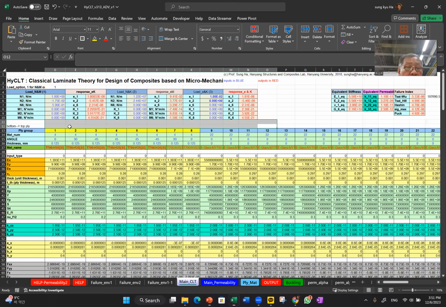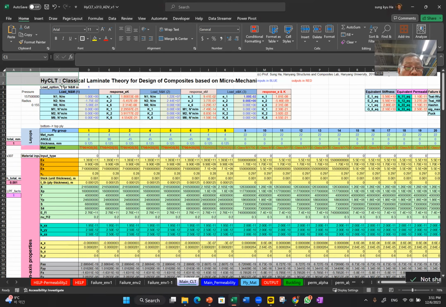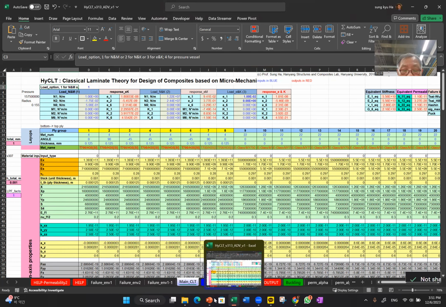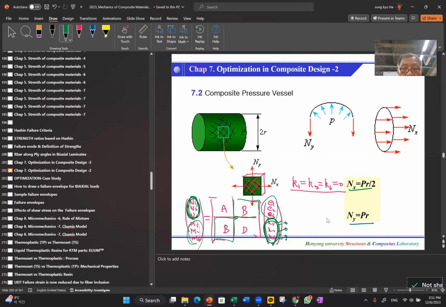That's why you can see here the load option. This is a little bit advanced topic. Load can be this one given, and then this can be output. Another combination will be this given and others obtained. Or we can apply this one and then others can be obtained. There can be some combinations.